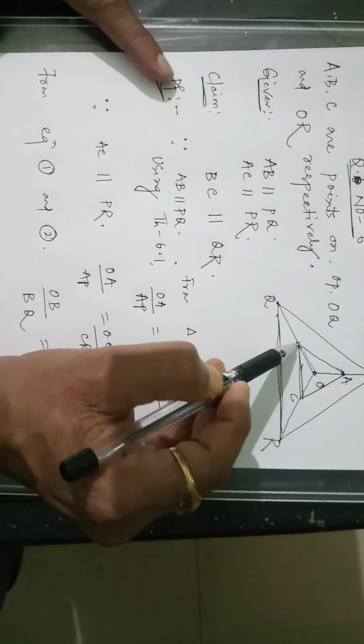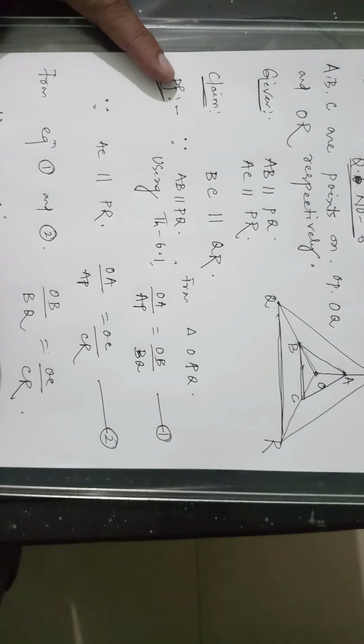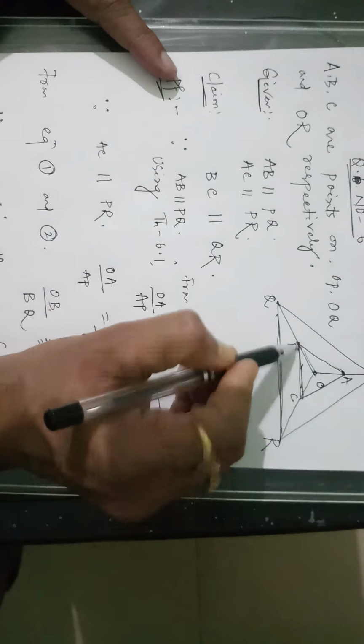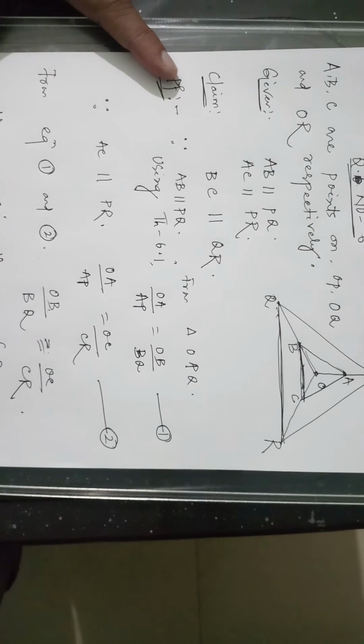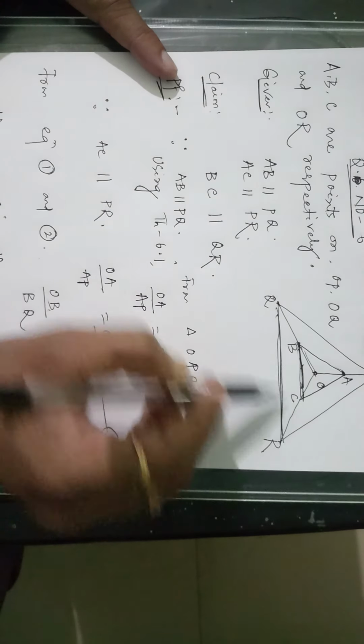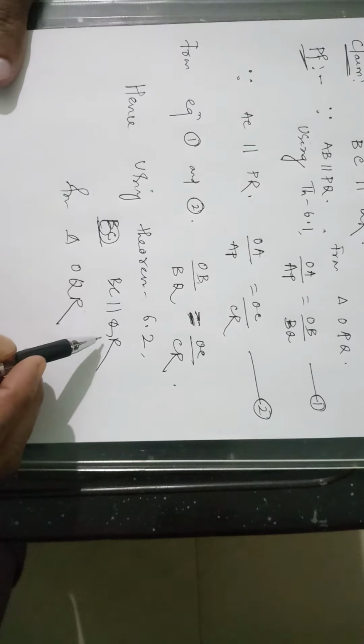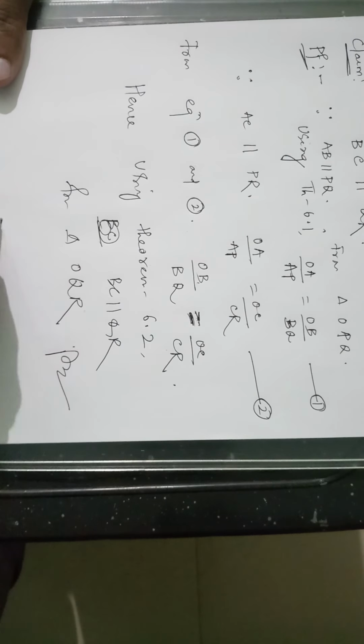So hence, using theorem 6.2, as the ratios are equal, the dividing line should be parallel to the third side. Therefore BC parallel to QR, from triangle OQR. As OB by BQ is equal to OC by CR, using theorem 6.2, BC parallel to QR is proved.